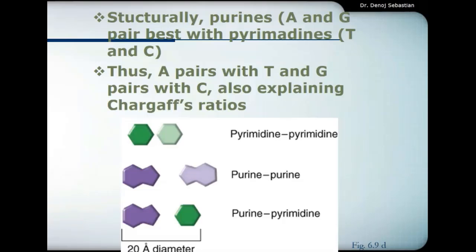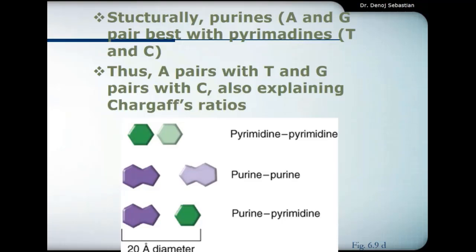So these are the purine and pyrimidine pairs that are used. In the case of pyrimidine, you can see that they are single ring structures, and purine pairing, if it occurs, they actually have 4 rings in the structure.